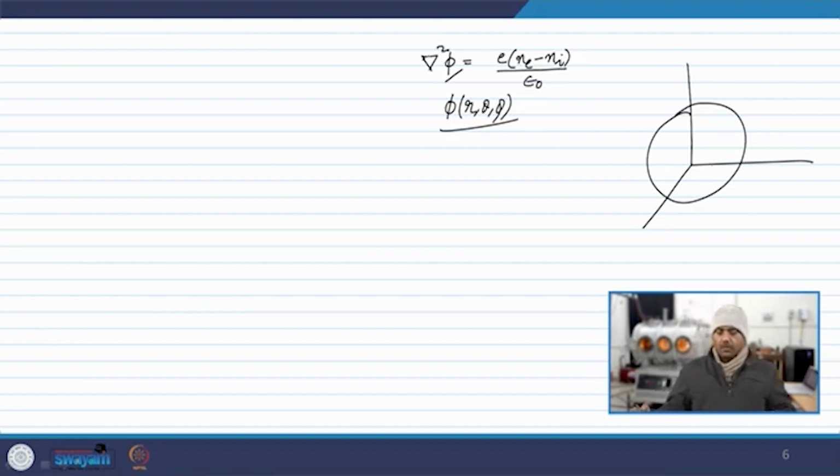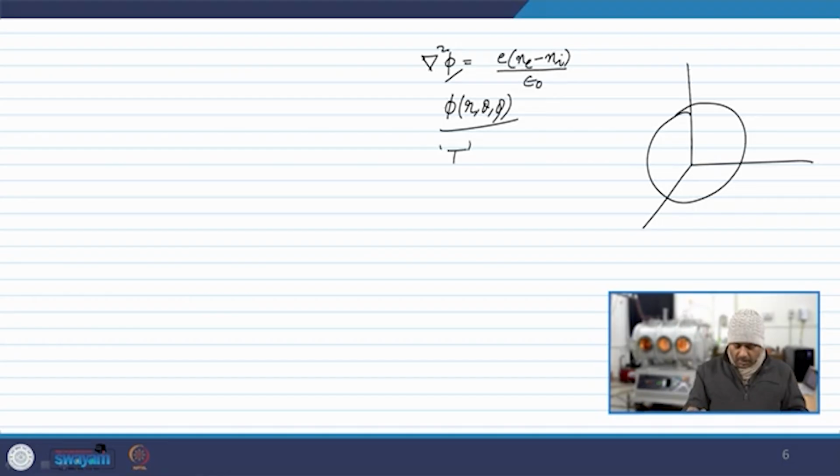Now, at this point of time, what is the role of temperature? Because if there is no temperature, then the electrons' movement will be restricted, right? They do not have any thermal motions, right, which means that given the temperature, the number density of electrons will follow some distribution, right.